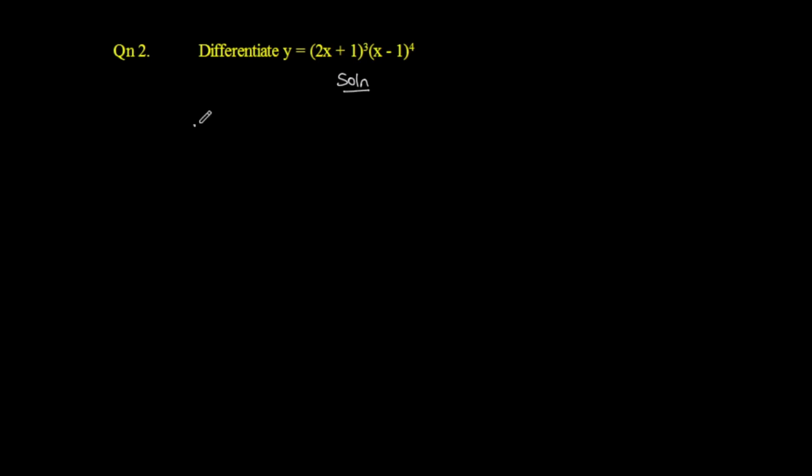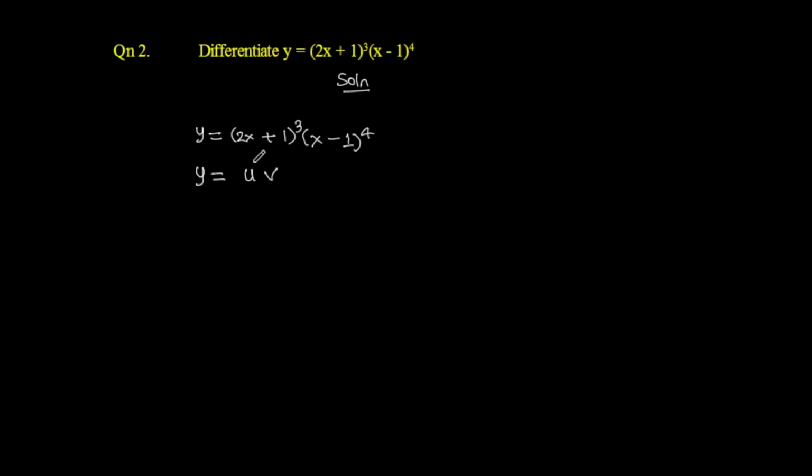So here we have y equals (2x plus 1) to the power of 3, and we are multiplying it by (x minus 1) to the power of 4. Now we can compare this function with letters variable u and v.